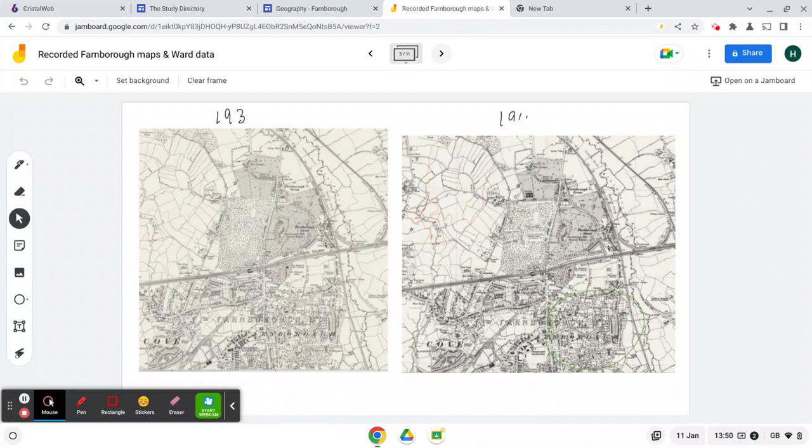Then, as we move into the middle of the 20th century, so this is around 1946, I think, the second map on this one. So you can see that we're just continuing to see more and more development. So more development south of the train line. We're starting to see more development around Farnborough Street.